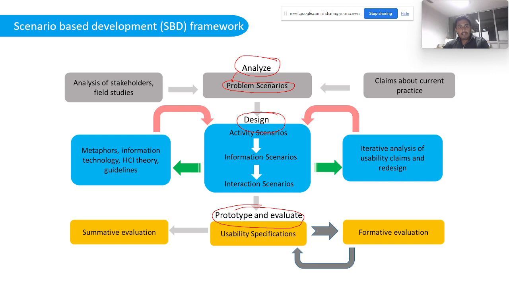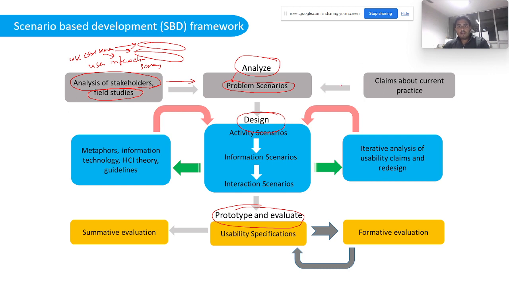For problem scenarios, we gather information from our user interaction scenarios by doing field studies and analysis of stakeholders. Field studies mean we are considering user interaction scenarios and use case scenarios. There can be multiple use case scenarios, and for each we can conduct multiple user interaction scenarios.